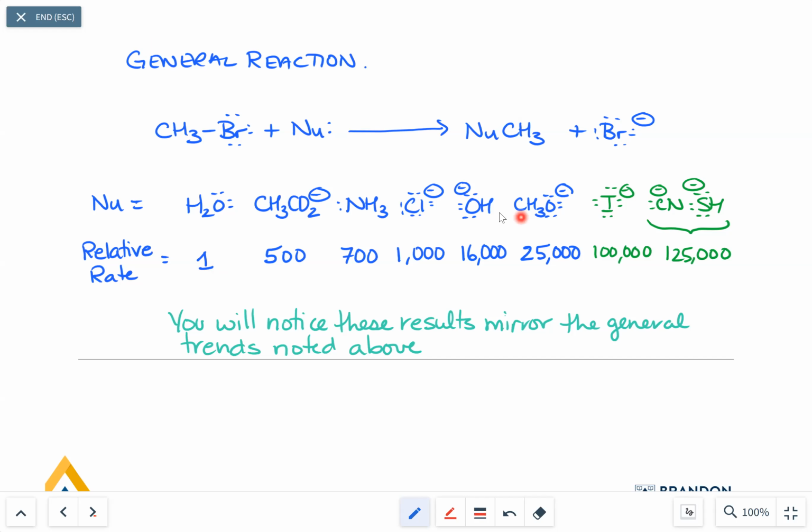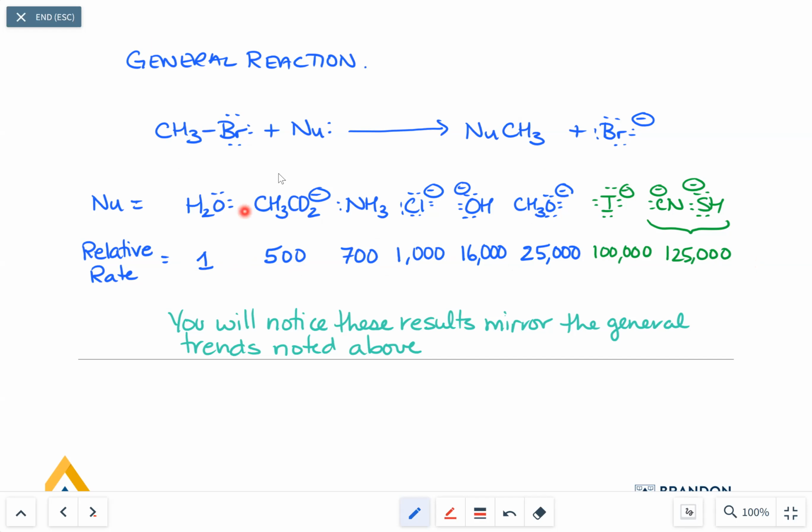The nice thing about the methyl halide is it's going to do an SN2 reaction all the time. So water, it's got a rate of 1, and everything else you'll notice is increasing from that rate of 1.